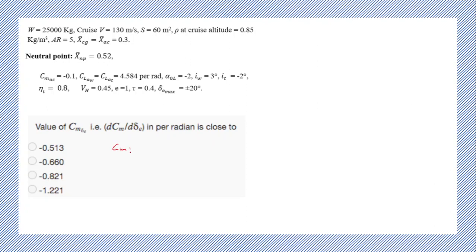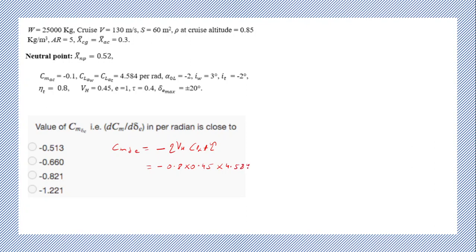So Cm delta E is minus eta VH CL alpha tail and the control surface effectiveness parameter. So it's straightforward. Minus 0.8, VH is 0.45, CL alpha tail, where is CL alpha tail?